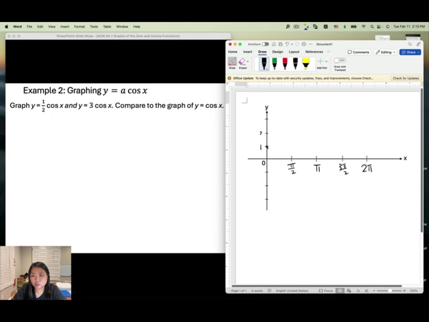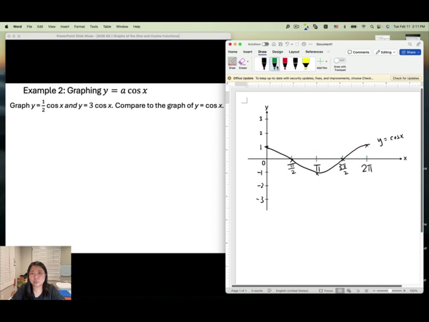Okay, this is 1, 2, 3, -1, -2, and -3. So the coordinates should be 1, 0, -1, 0, 1. So my cosine curve is going to be going down, going up like this. So write down the name, y equal to cosine x.